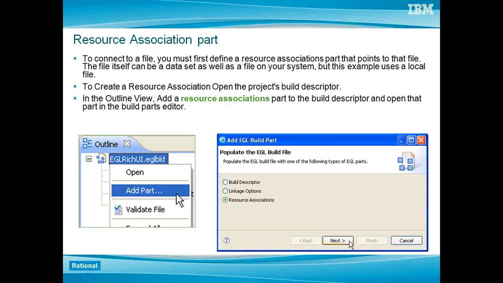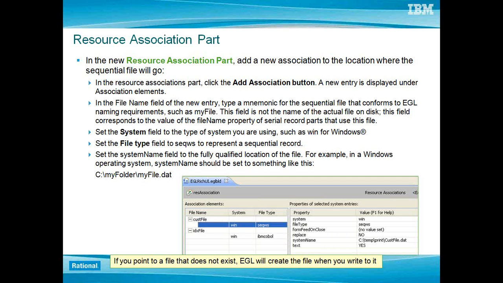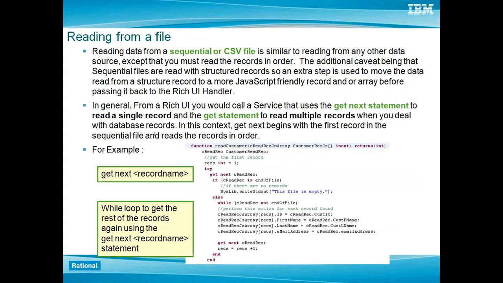Here we have how we can create a resource association. Select your build descriptor, right click, add part, then resource association, and then you have to set your properties. Then once you have done the resource association, here we have a code.